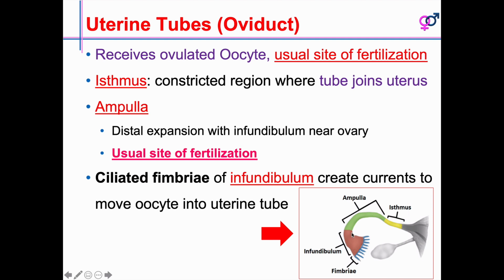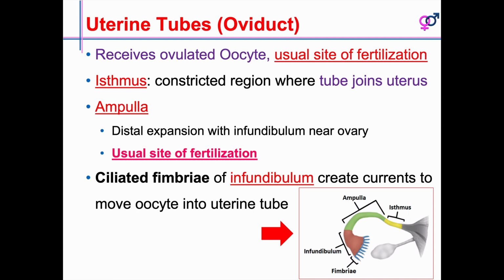This ampulla of the fallopian tube is a common site for fertilization. This is the place where the sperm cell comes and meets the ovum cell, and fertilization takes place.